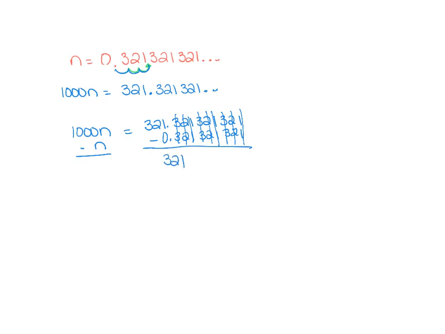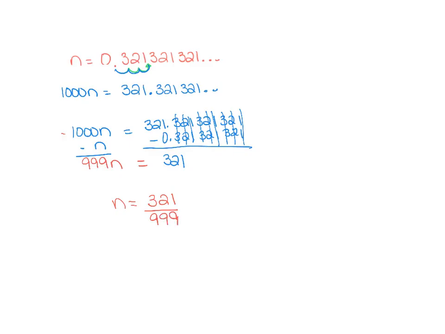That repetition, that pattern. And over on the left-hand side, if I take 1,000n minus n, I'm going to be left with 999 times n is equal to 321. Divide both sides by 999. I have 321 divided by 999.